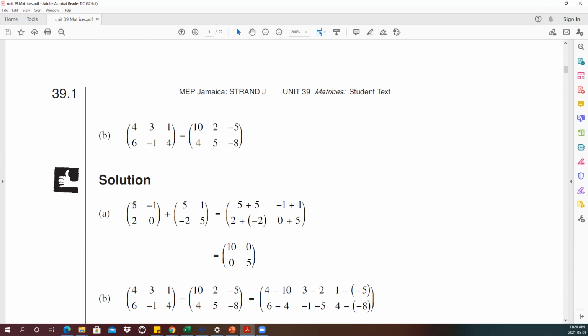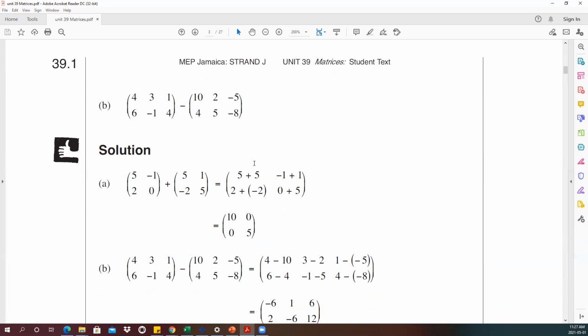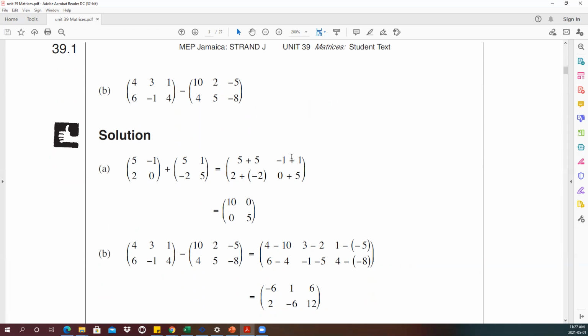The element in the top left corner is added to the element in the top left corner, and the top right is added to the top right. Top left and top left, top right and top right, bottom left and bottom left, and bottom right and bottom right. So you add them up: 5 and 5 is 10, -1 plus 1 is 0, 2 minus 2 is 0, 0 plus 5 is 5. You get it, and that's it.